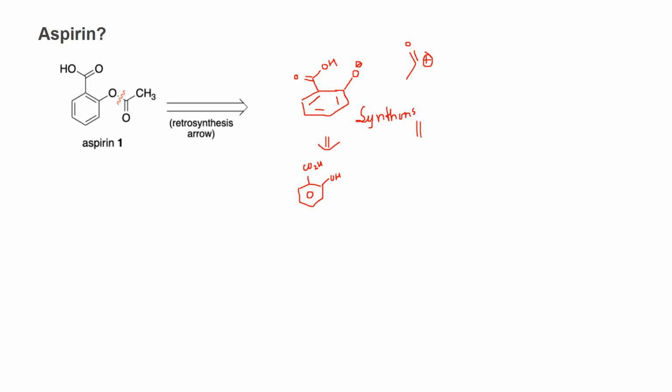And this can be an anhydride, because this part can act as a good leaving group.